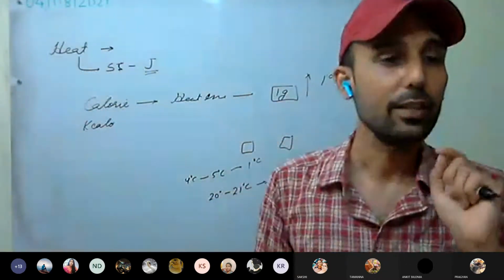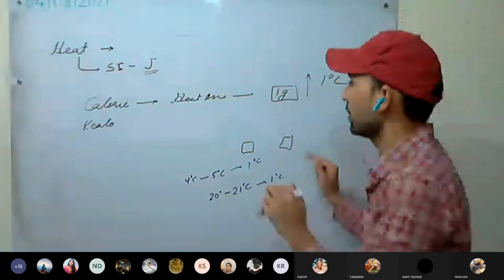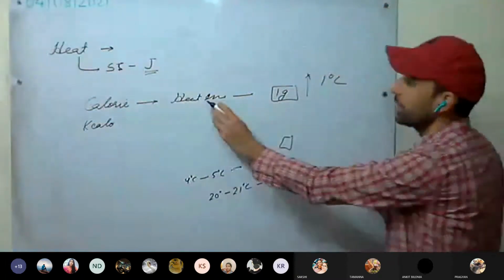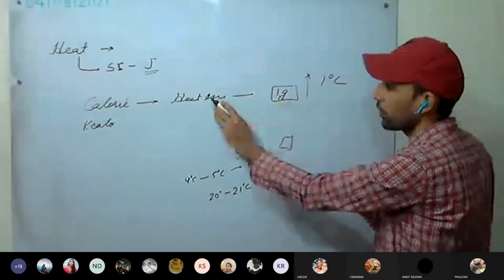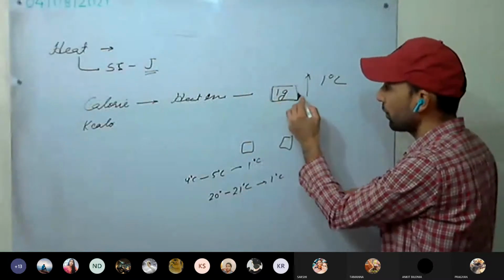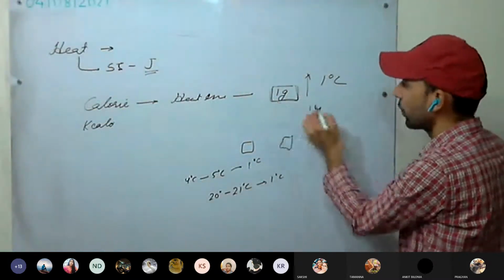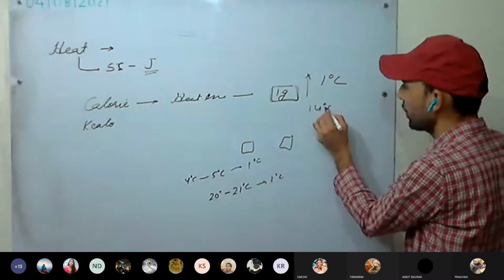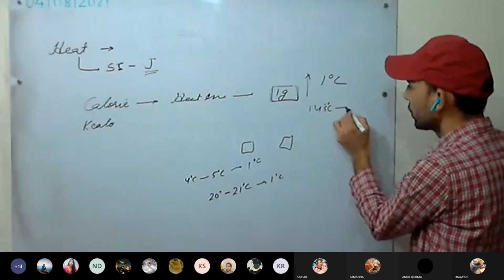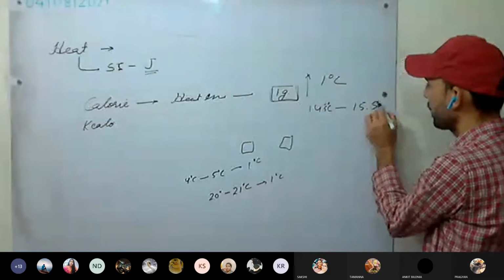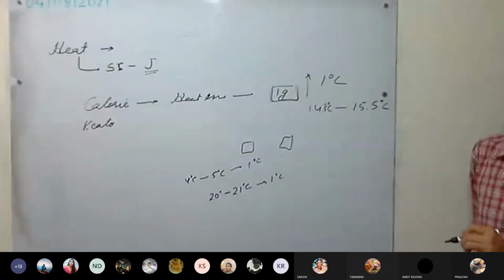That's why we made one correction. We said the heat energy required to raise the temperature of 1 gram of water from 14.5 degrees Celsius to 15.5 degrees Celsius.